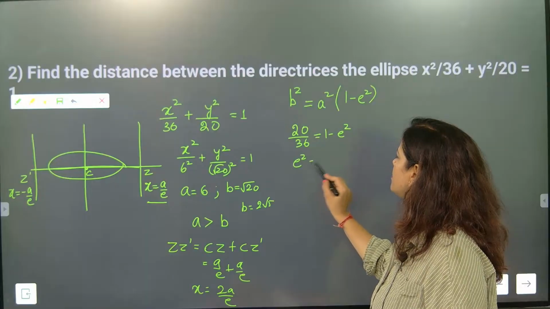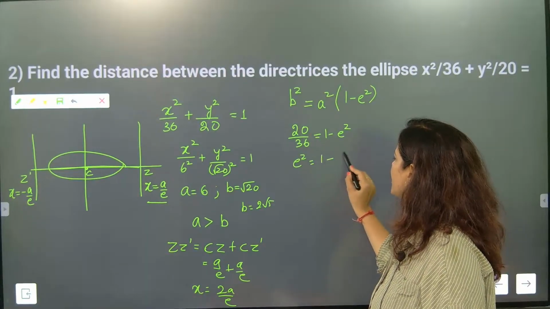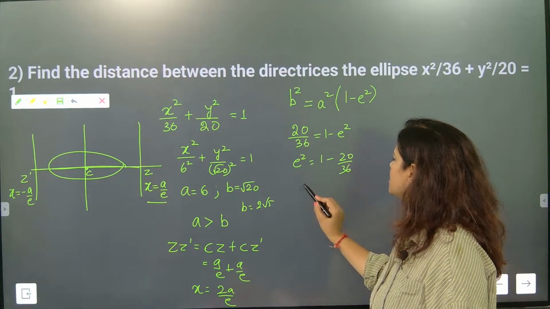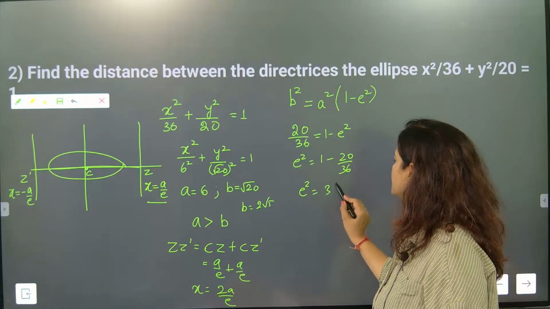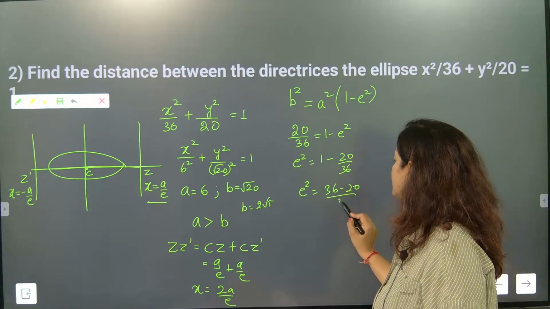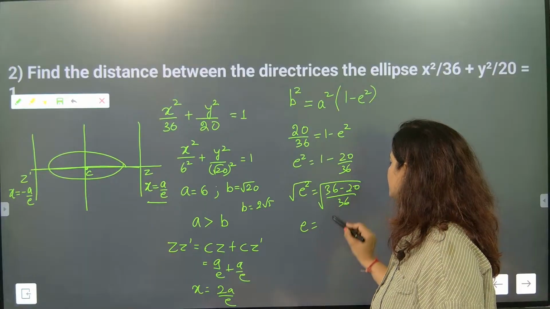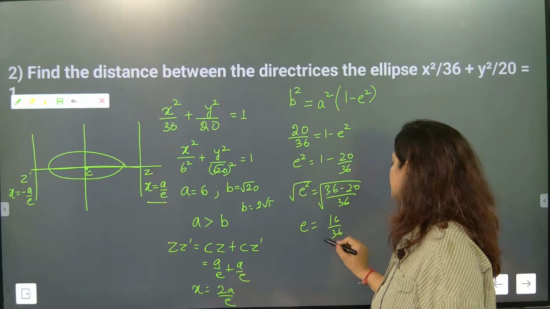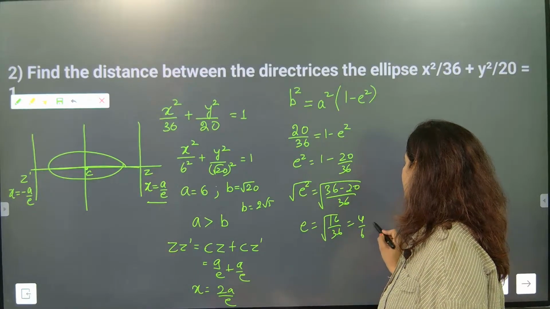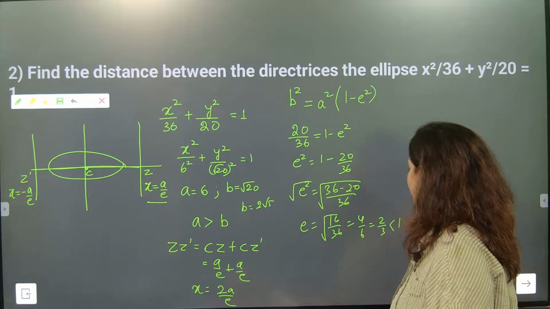So e square will be equal to 1 minus 20 by 36, that is 36 minus 20 by 36. Root under this, so eccentricity is coming as root of 16 by 36, that is 4 by 6, that is 2 by 3, which is less than 1.